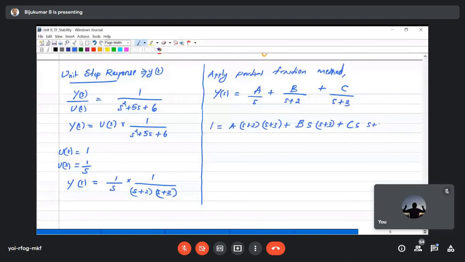First, in order to find A, set s = 0. Then find B by setting s = -2, and you can find C by setting s = -3. So what are the values of the residues?